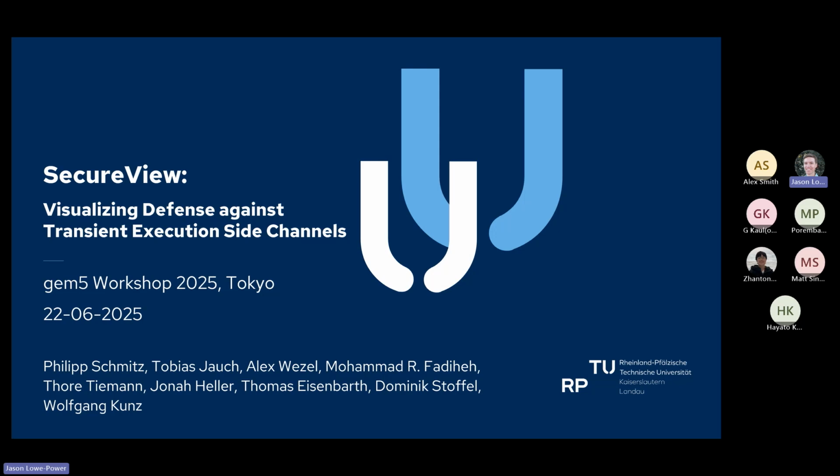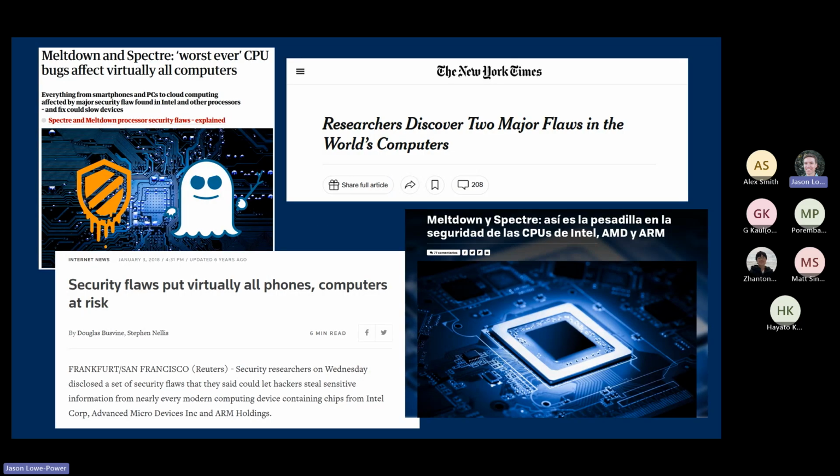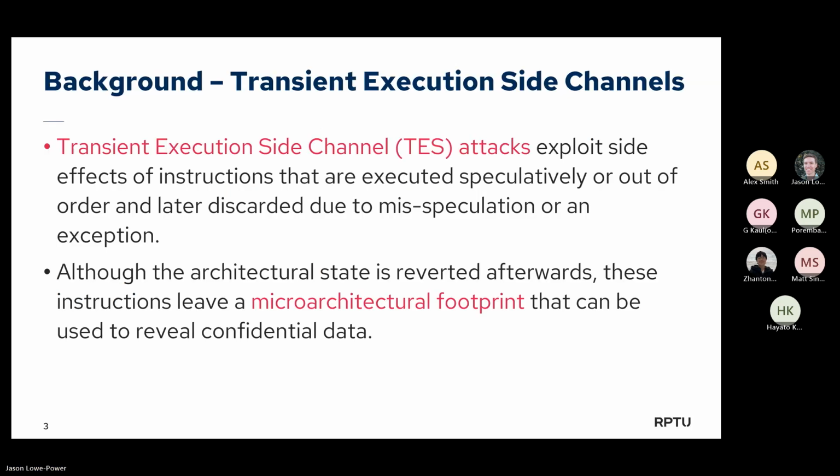But first let me take you back to 2018, when the transient execution side channels made the news all over the world. It was a big, scary thing, and it affected the security of most industrial processes. But how do these attacks work?